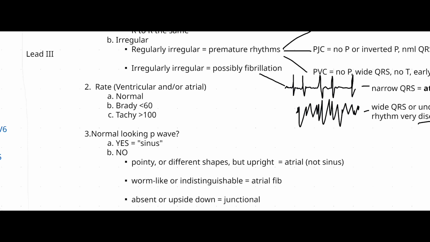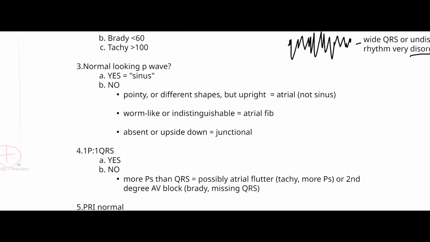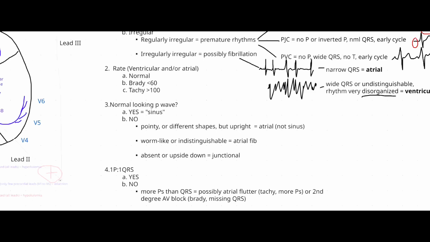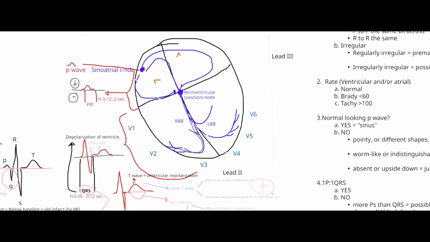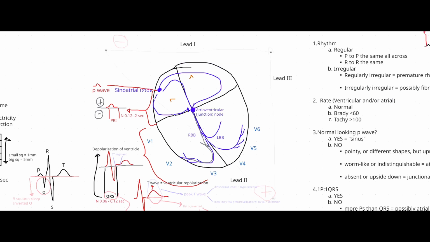And then if they're absent or upside down, as I mentioned earlier, then it came from the junction. Remember how I mentioned that the electricity in the heart is more negative at the top, and then it becomes more positive the closer it gets to the apex. So when you have a junctional rhythm, at some point the SA node didn't fire, right? And because it didn't fire, what's going to pick up the rhythm? The AV node, right?